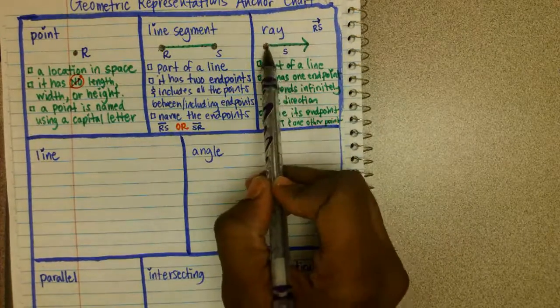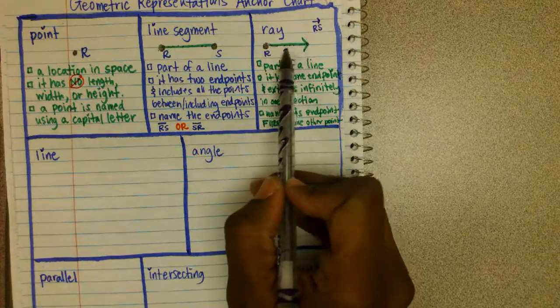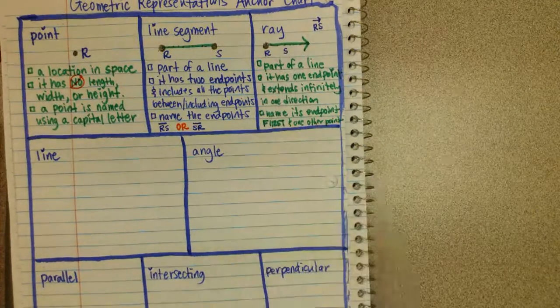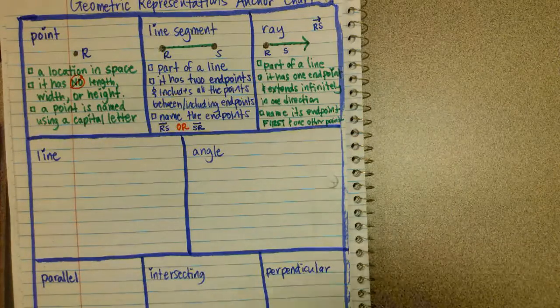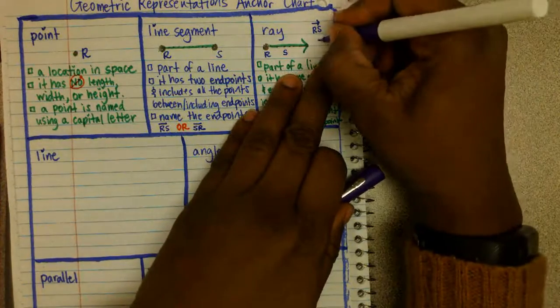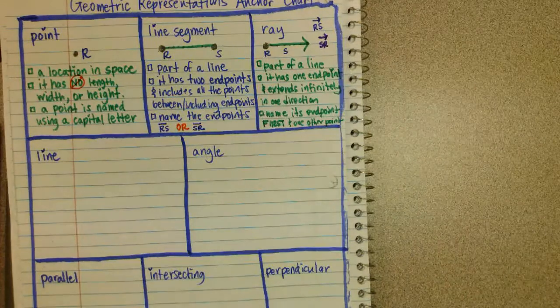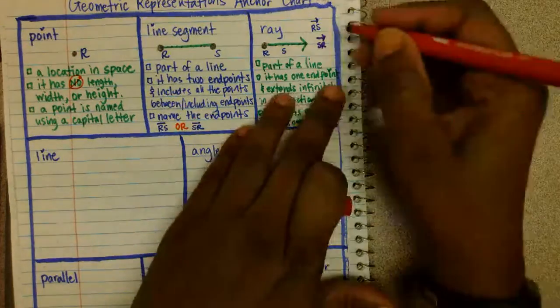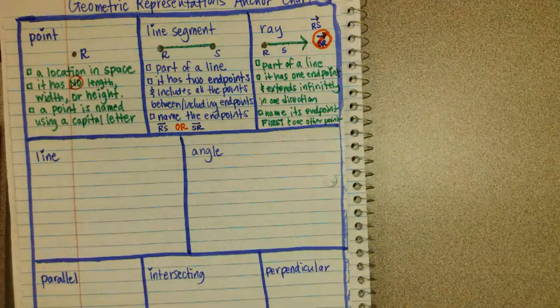This is the only start, so I cannot name it from any other point on this ray. So do not make the mistake of naming this ray SR. That is incorrect.